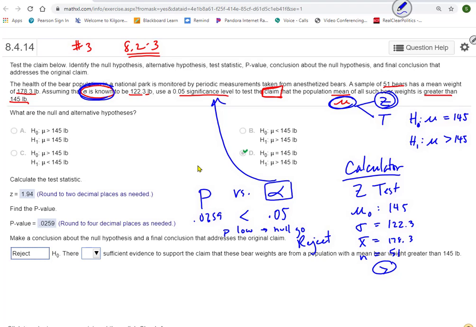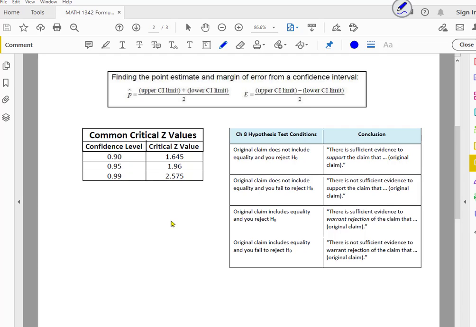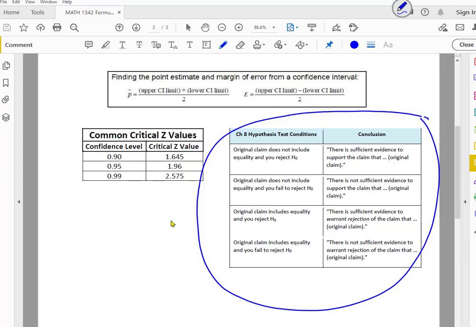And then you're going to look on your chart that has the sentences, and I think I actually have that pulled up. On the second page of your formula charts behind chapter 7, you've got this chart here, 1, 2, 3, and 4. And so remember, you pick the side on the left, and then it tells you the sentence on the right.